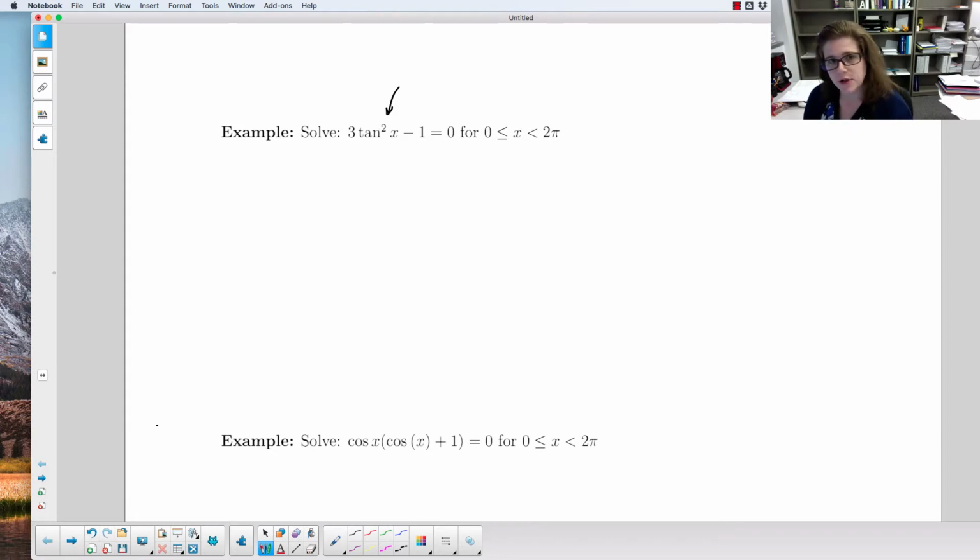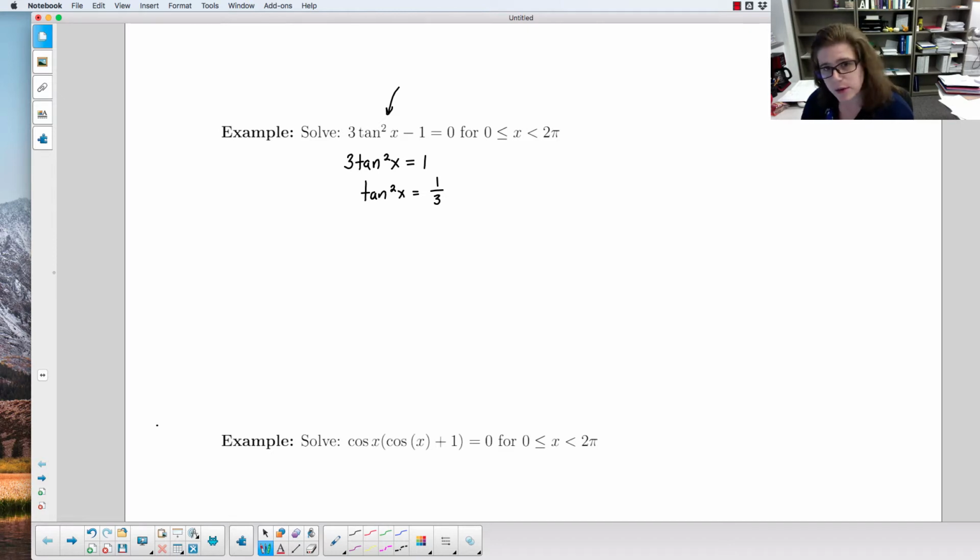Again, we isolate the trig function on one side of the equation. So I'm going to move the 1 over. So 3 tangent squared x is equal to 1, which means that tangent squared x is equal to 1/3. Now I want to know what tangent of x is equal to, so I need to take the square root of both sides.